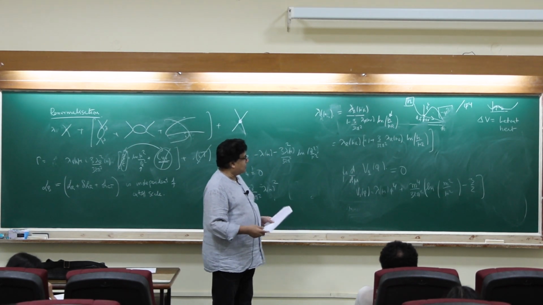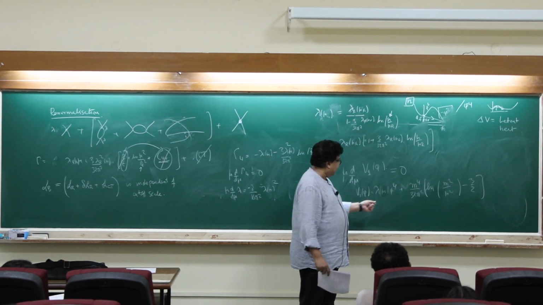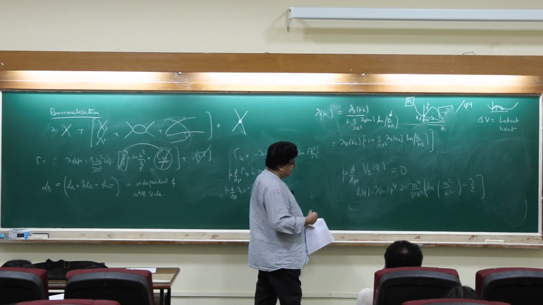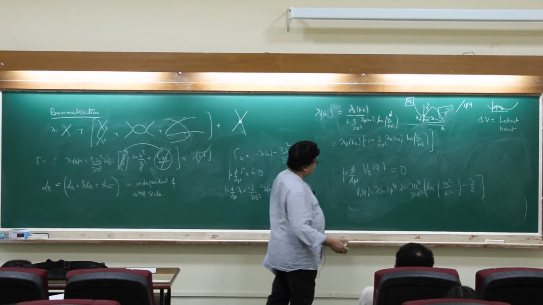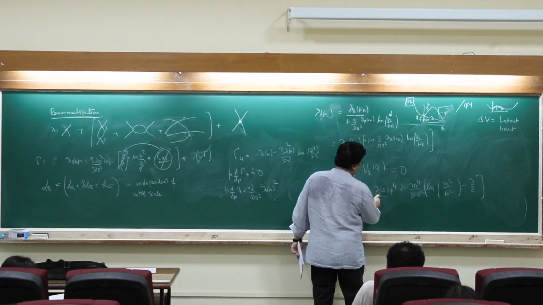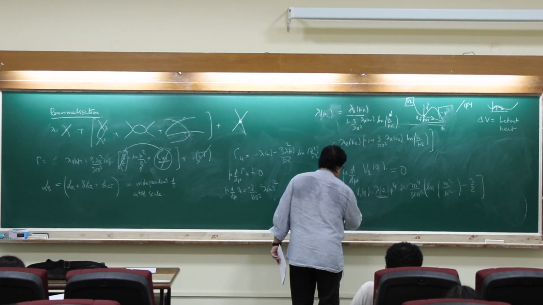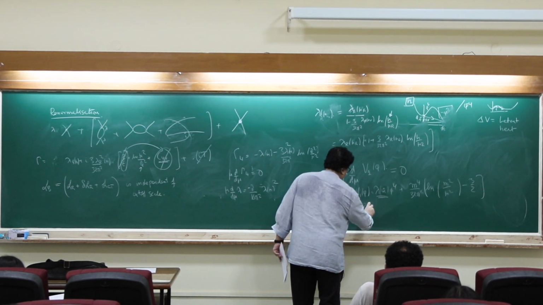So the crux of the matter is that this mu is arbitrary, and normally what we do in practice is use mu at the scale where the lambdas are known. So in the standard model we know that h is 2.